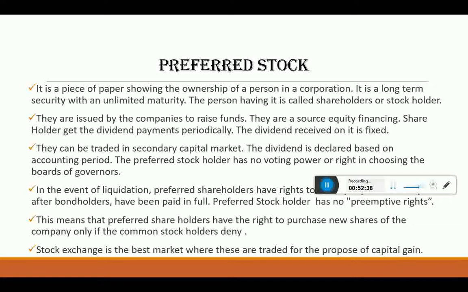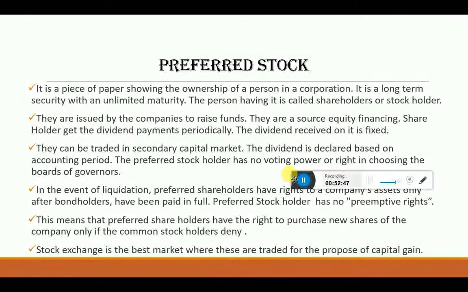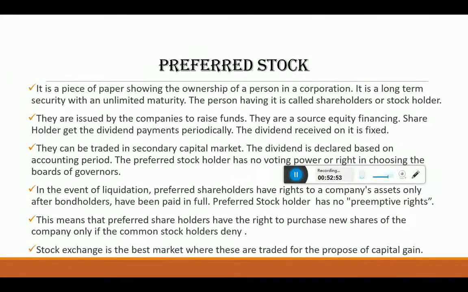And they have no voting power. Preferred stockholders have no voting power, and we can call it a hybrid security as well, because it has the characteristics of the bond as well as the characteristics of the stock.